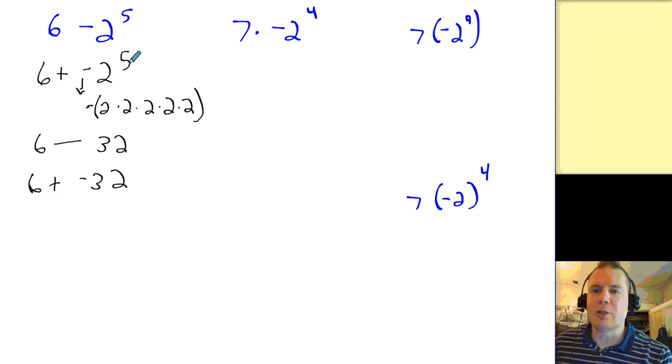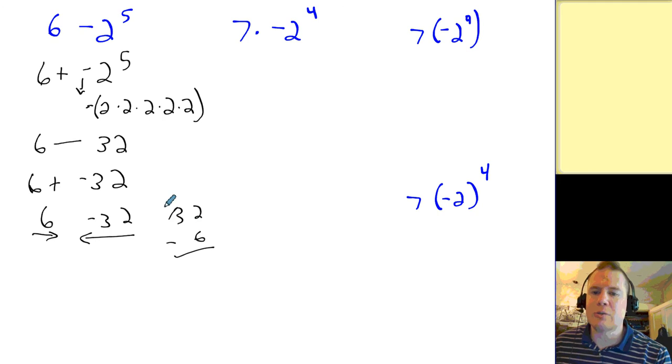It's 2 5 times. Whatever I get from there, 32, I now take it away. So 6, take away 32. The 6 is moving forward. The 32 is moving backwards. 32 is bigger than 6. I'm really doing 32, take away 6.